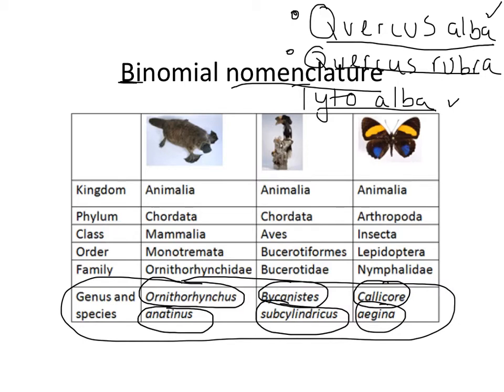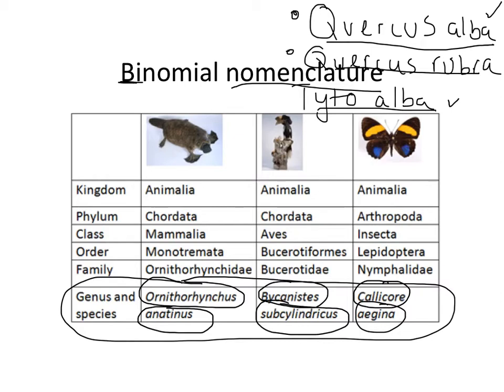Now the question might be which two are most closely related. And in order to determine that, you have to look at the genus name, not the species, because Quercus actually means maple, and alba means white, and rubra means red.